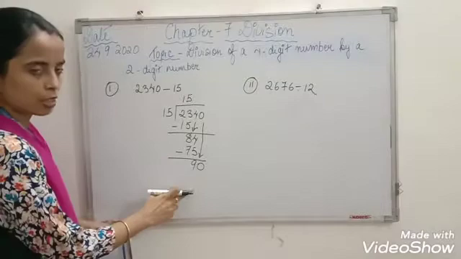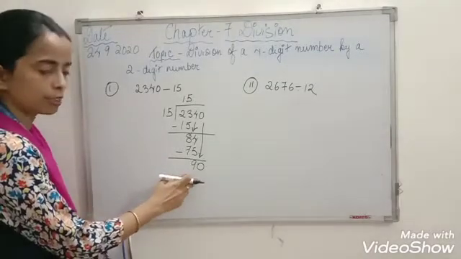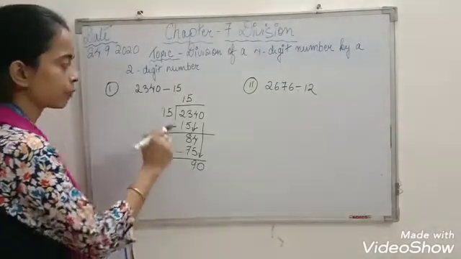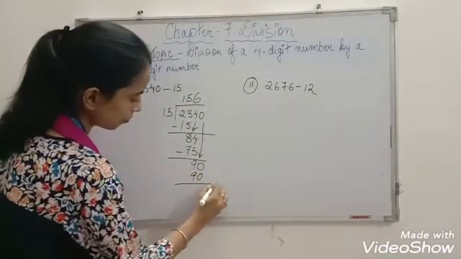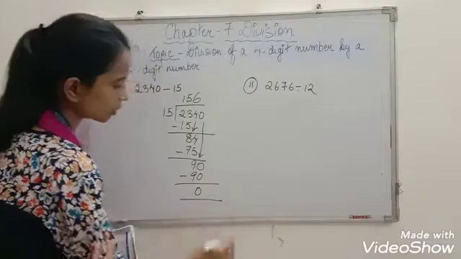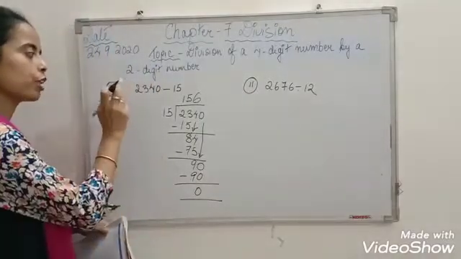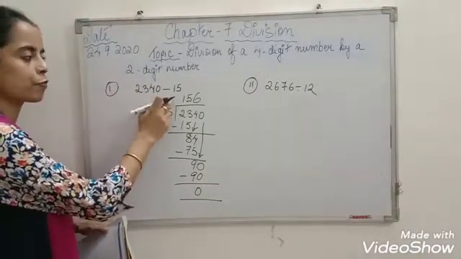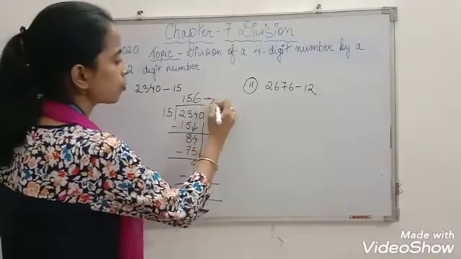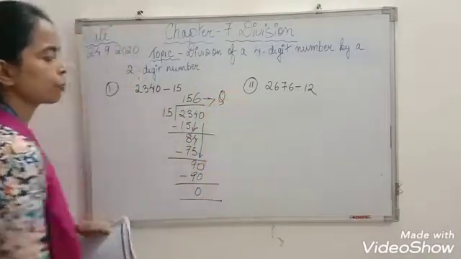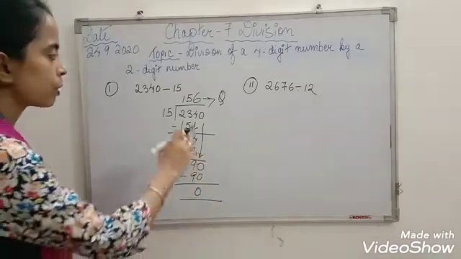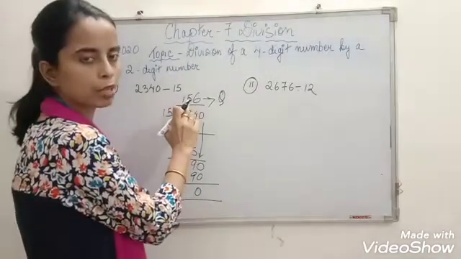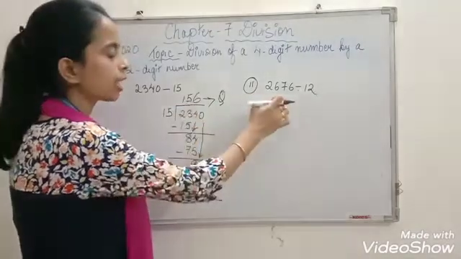Now we are going to find the number less than or equal to 90. 15 into 6, 90. So remainder is what, children? 0. So if we divide 2340 by 15, how much quotient do we get? 156. So Q means quotient. We will get 156.